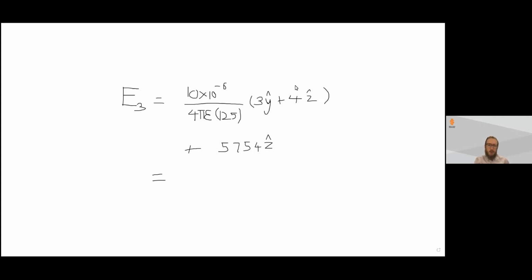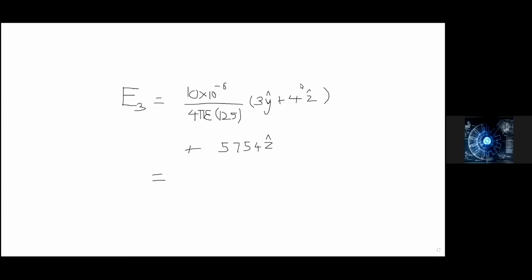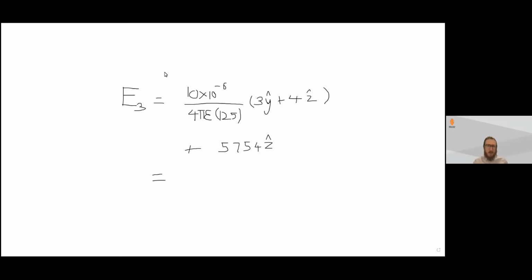So the E total will include this. What you've written down is actually the total amount, not E3. But I thought you wanted to use E3 to represent the total amount. That's why I just wrote E3. Okay. All right. So just wanted to point that out.